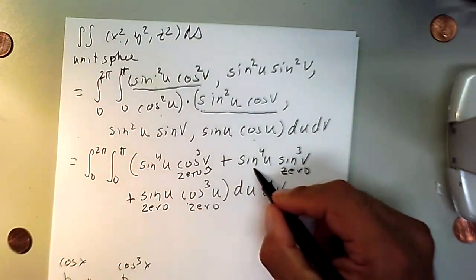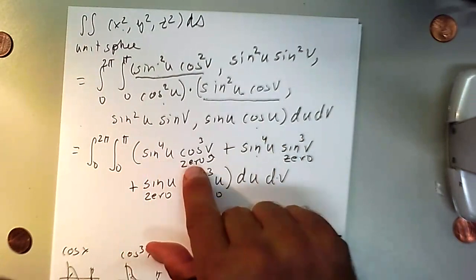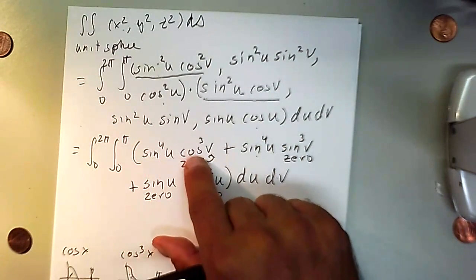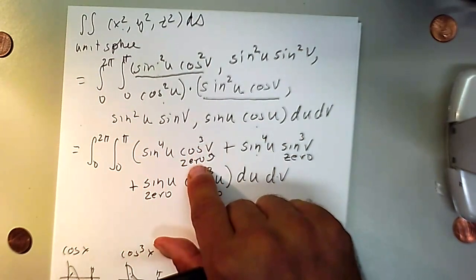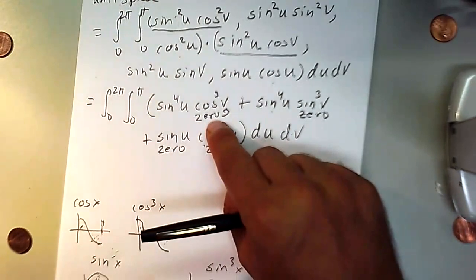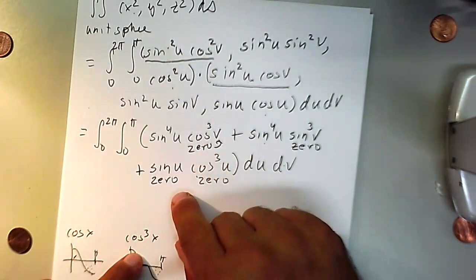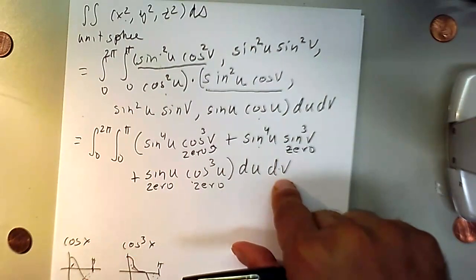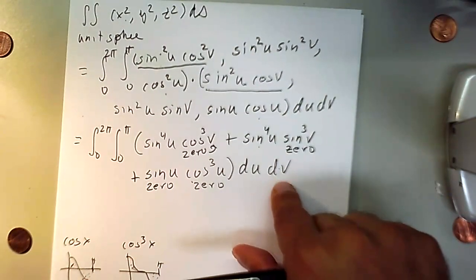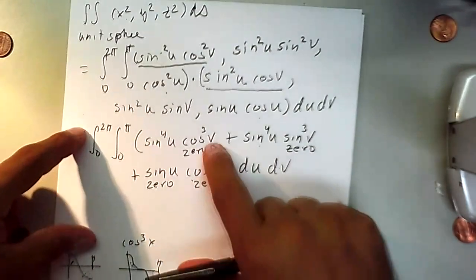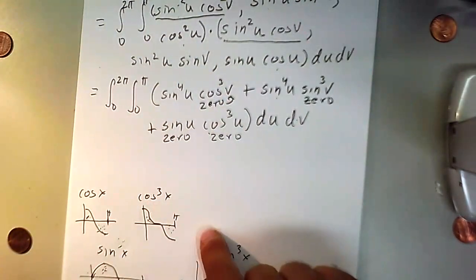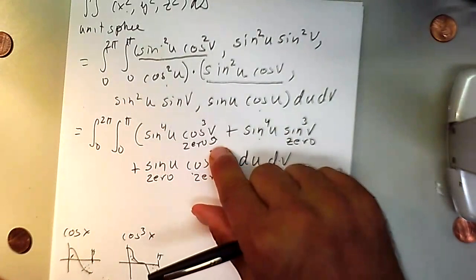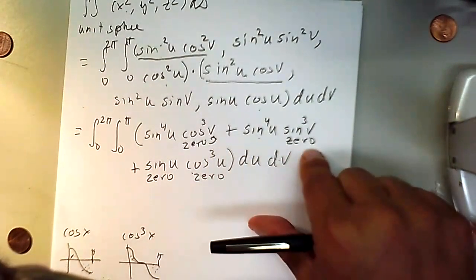That one won't be 0. This one won't be 0. V, cosine cubed from 0 to pi, 0. Yep. And V goes from 0 to 2 pi. Well, we got double this situation. So that one is 0, 0.